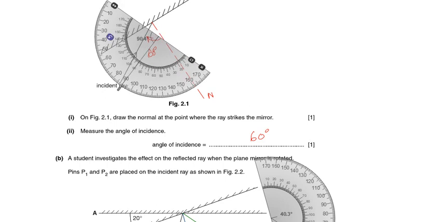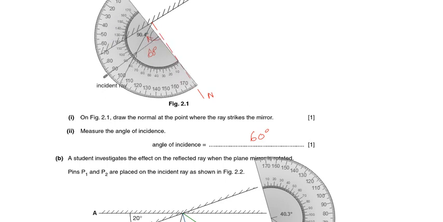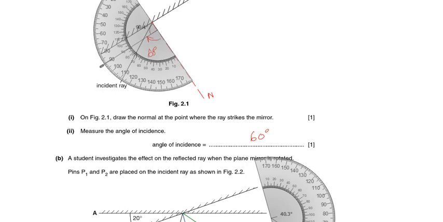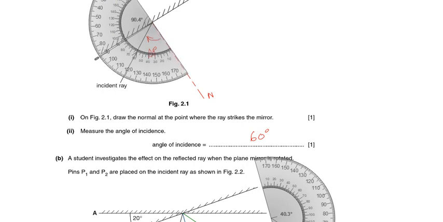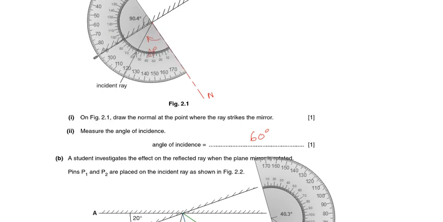So we have to be very careful, and the incident ray is like it's from here, so it will be like 60 degrees, almost 60 degrees, right? So the arrangement is a little bit accurate. So it is 60 degrees. So the answer is 60 degrees.